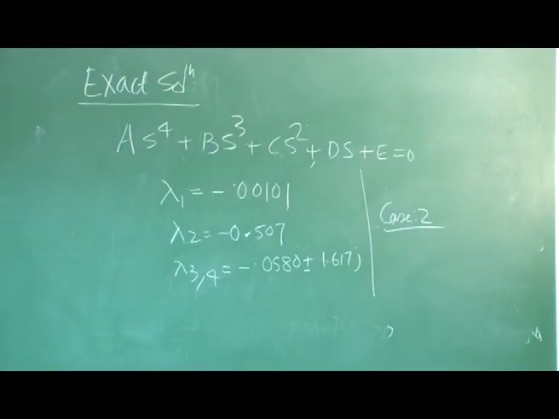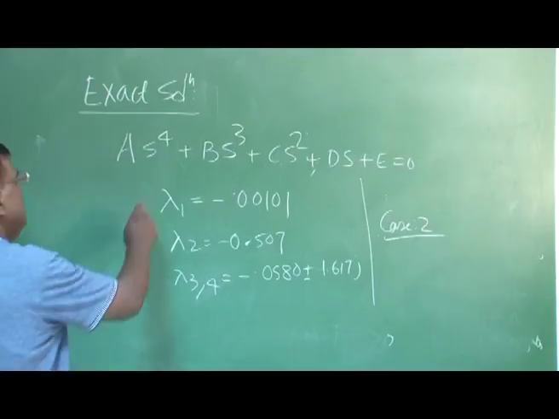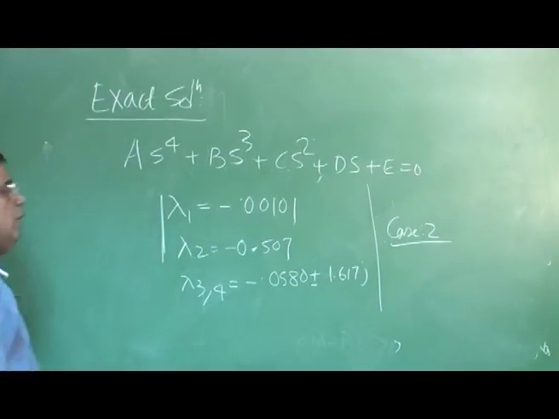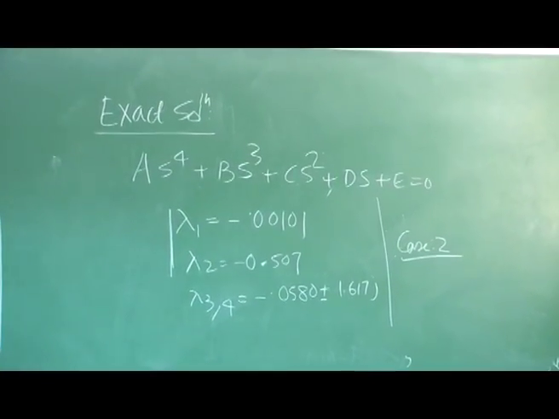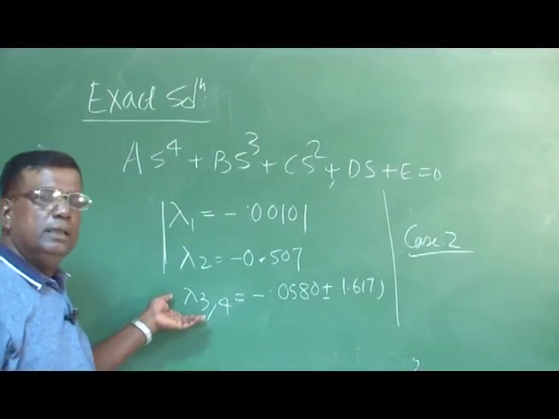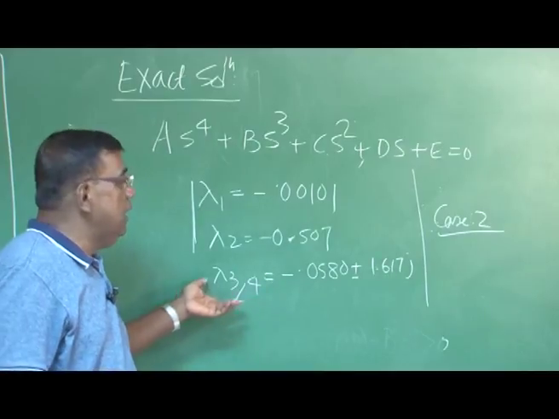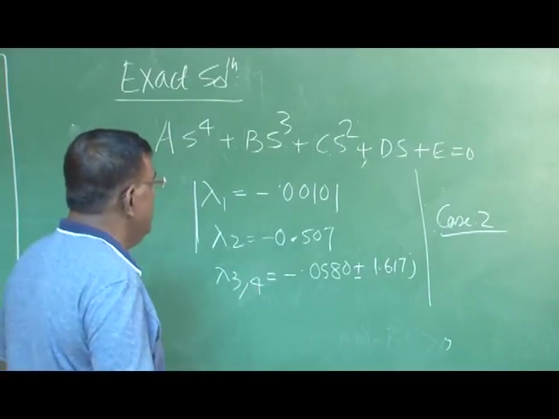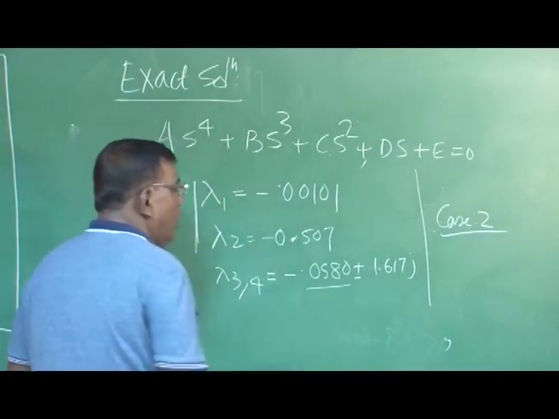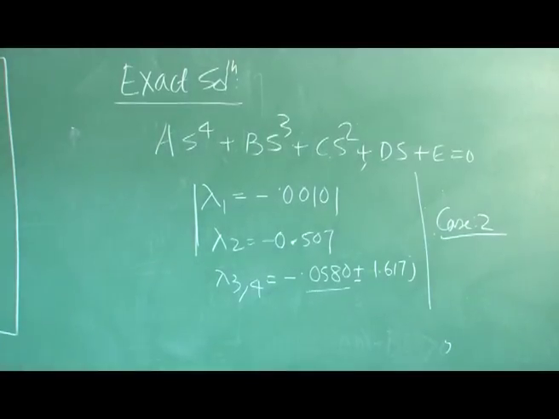Now you could easily see that these 2 are real, so there are no oscillations. However, this root is a complex conjugate, so it has oscillation. Also you could see the real part is not as negative as the short period real part.